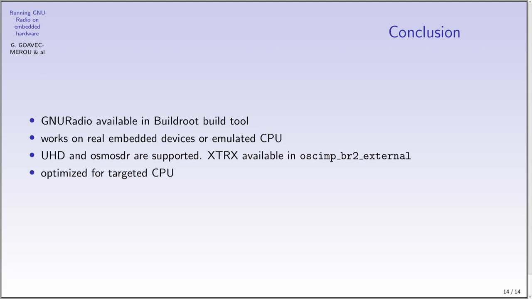Signal source and file source are not the only solutions. It's possible to use a UHD or Osmo SDR. And if you have this, Xtrx device is available, not officially, but in an external repository.